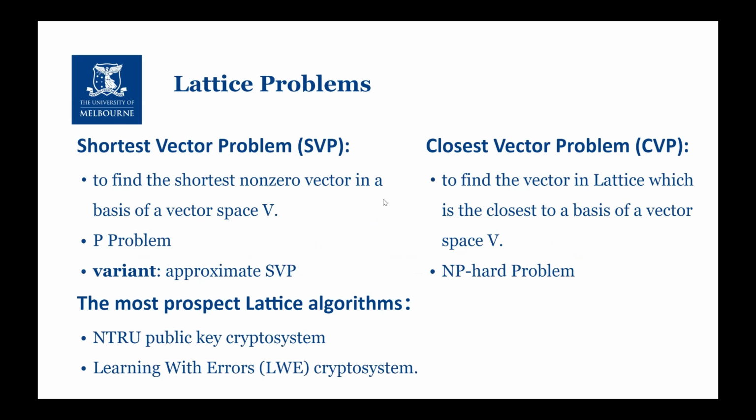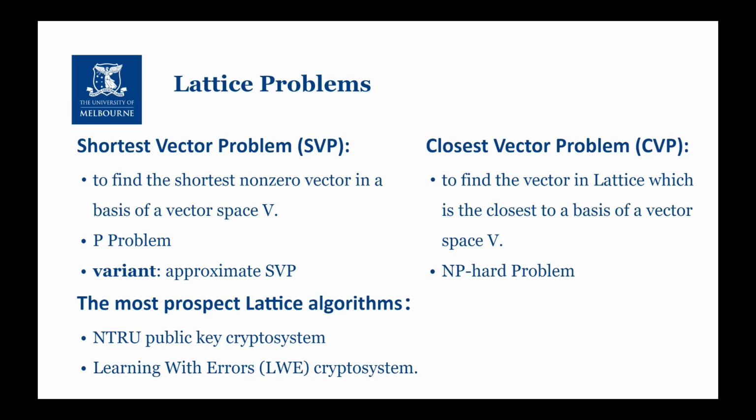Now we know the problem's classification, and we should know the two famous lattice problems are shortest vector problem and closest vector problem. For SVP, it is to find the shortest non-zero vector in a basis of a vector space V. It used to be an NP problem.